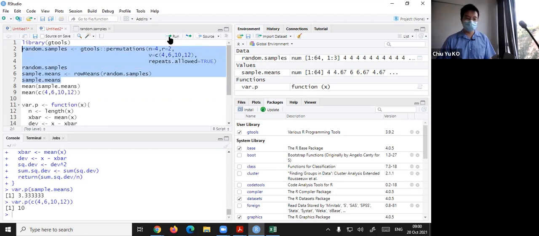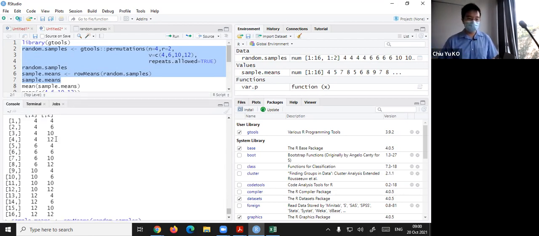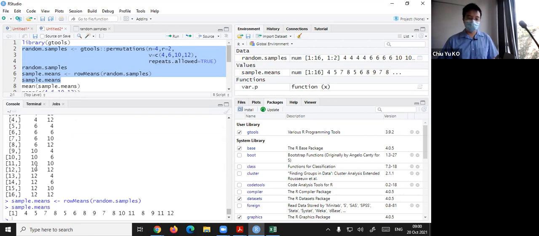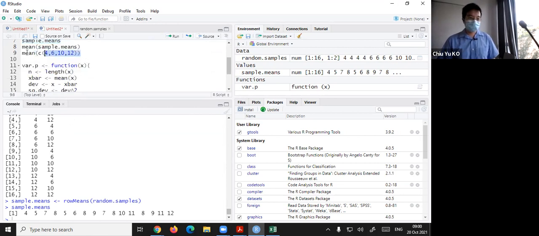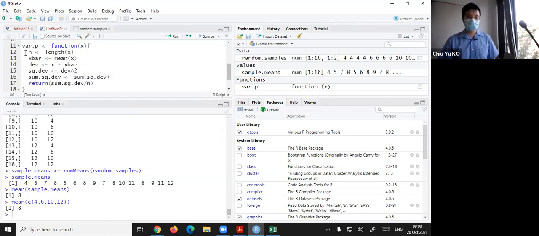So let's see this. This is the sample when you have 4 numbers. There will actually be 16 possible combinations. Each one is equally likely. Now you can show the sample mean is the same. Okay, and then we calculate the variance.